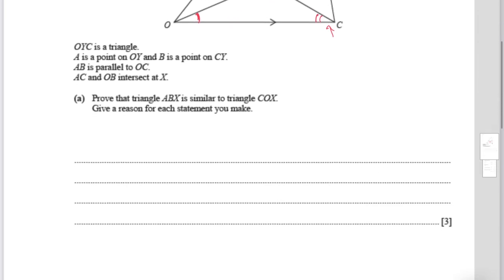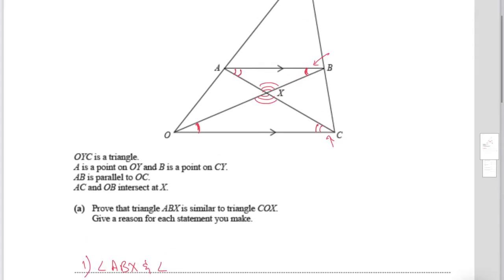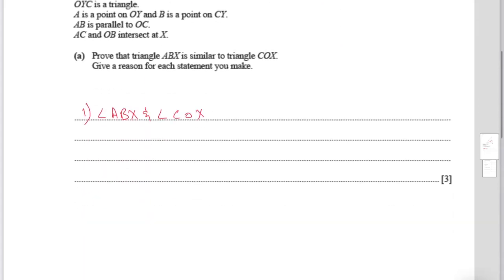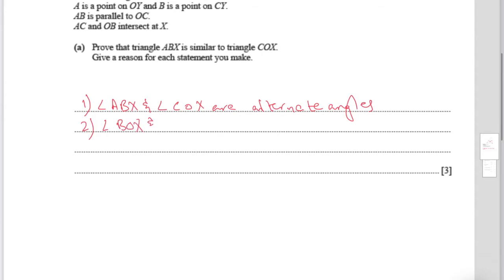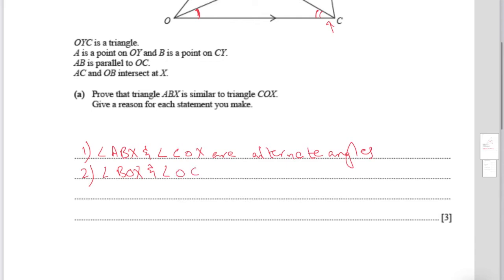So the statements that we write are, the first one can be that angle ABX and angle COX are alternate angles. The second statement that we can make is that angle BOX and angle OCX are alternate angles.